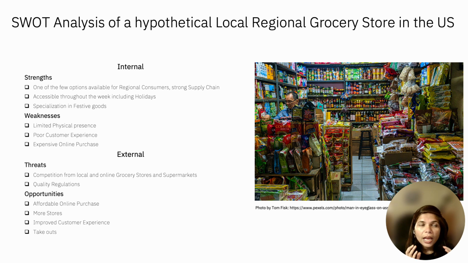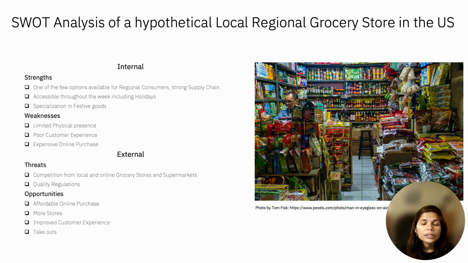And if you have that kind of skill and training for your staff, or if you manage to hire somebody from that region, that could be a big opportunity. So there can be an improved customer experience as a result, and there can be additional things which can be done to provide improved customer experience.